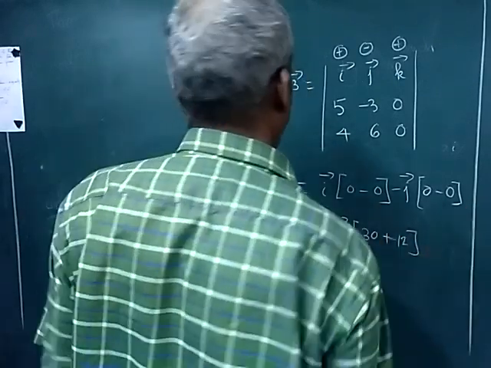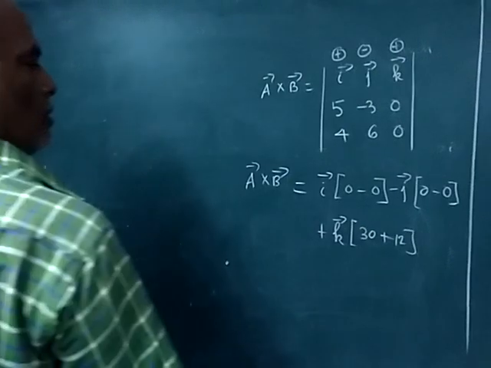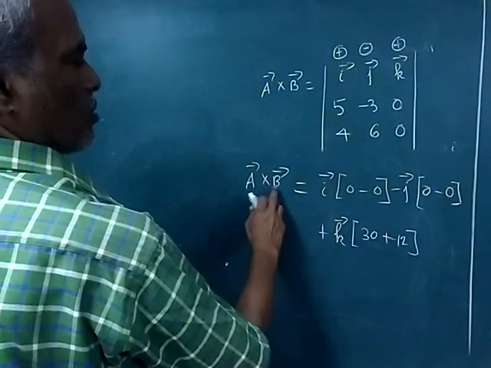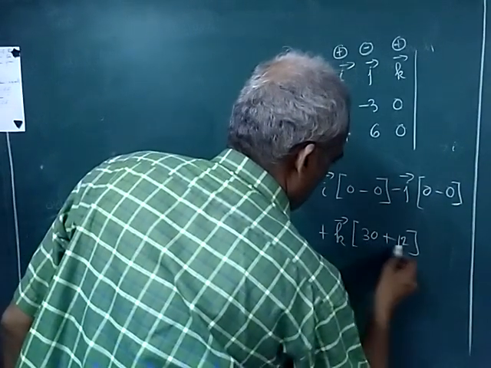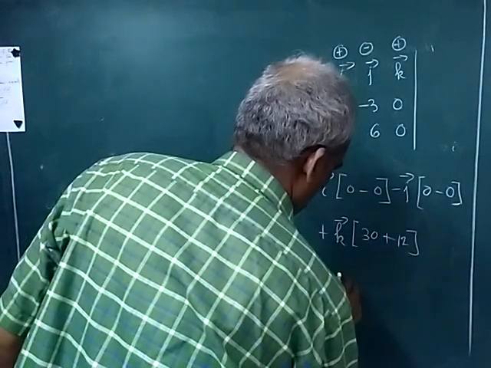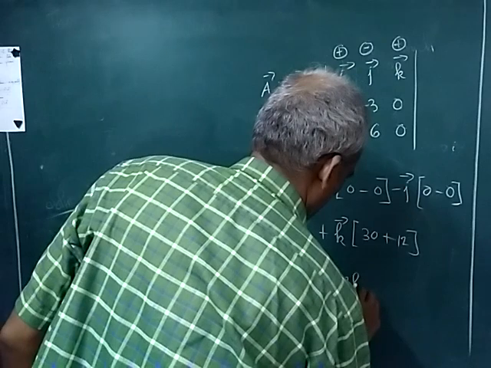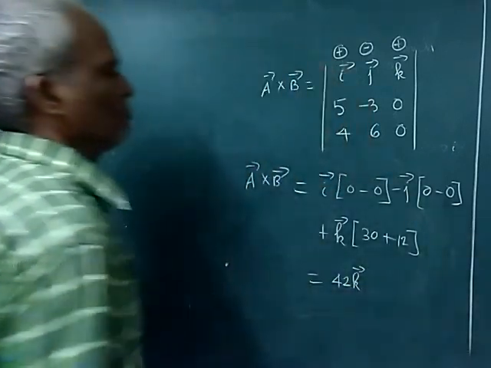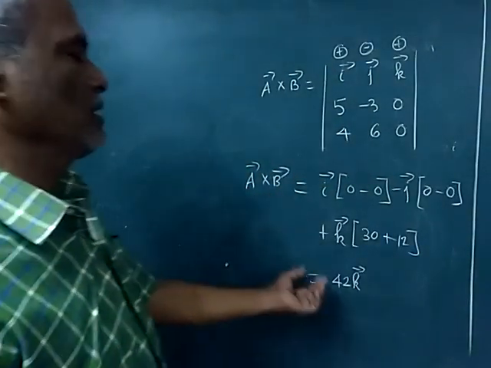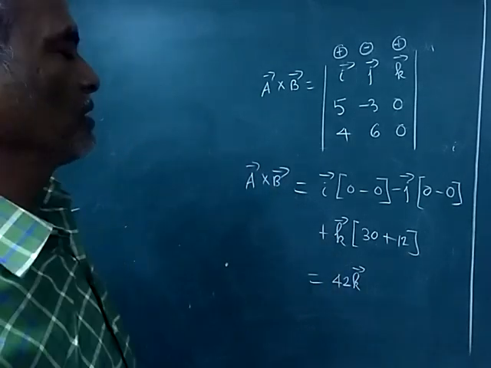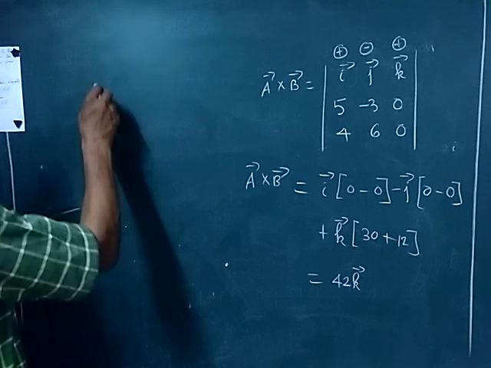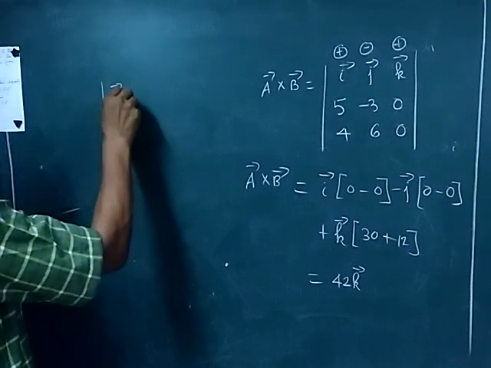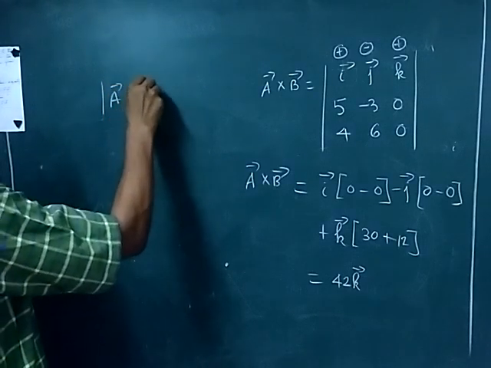So these values are 0. Now this is a vector cross b vector, that is 30 plus 12, which is 42. That means the resultant is in the k direction with a magnitude 42 k vector. Now we want the magnitude of a vector cross product with b vector.